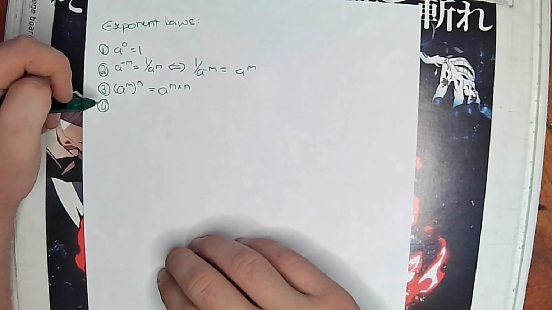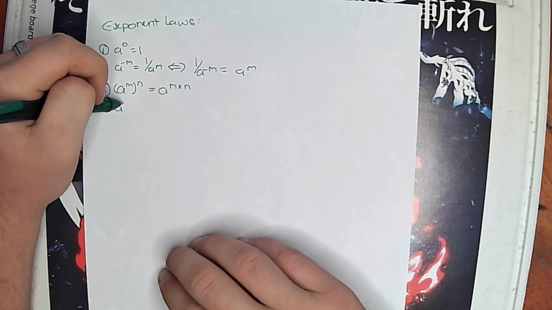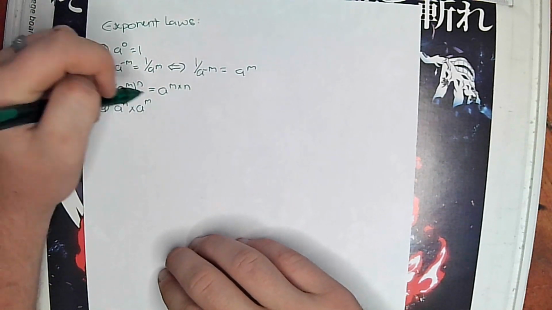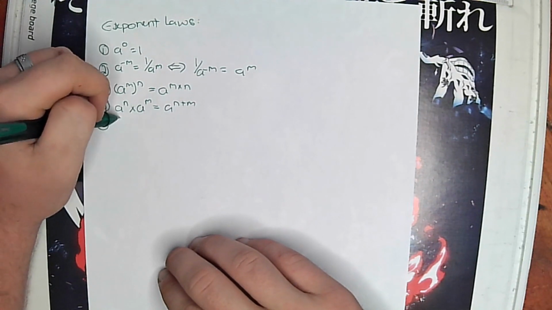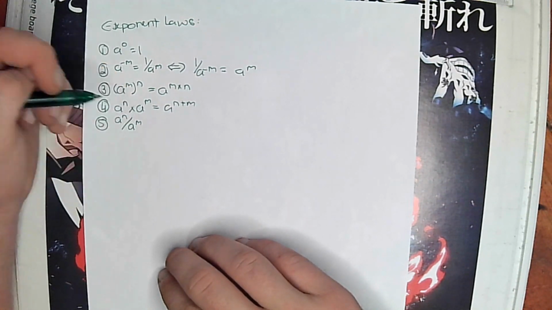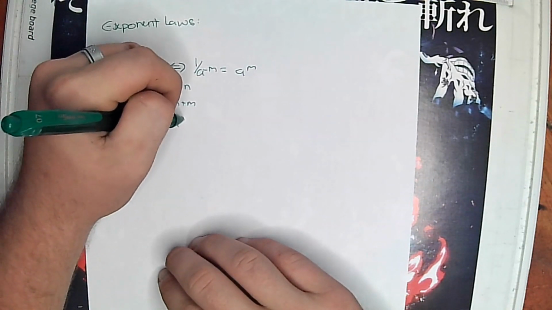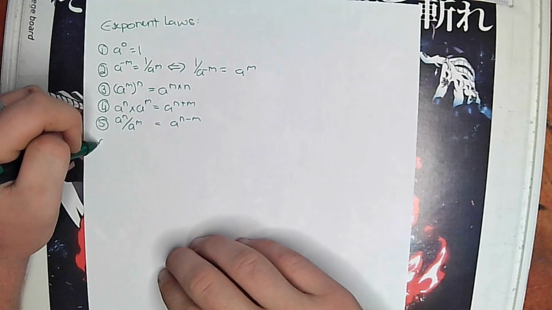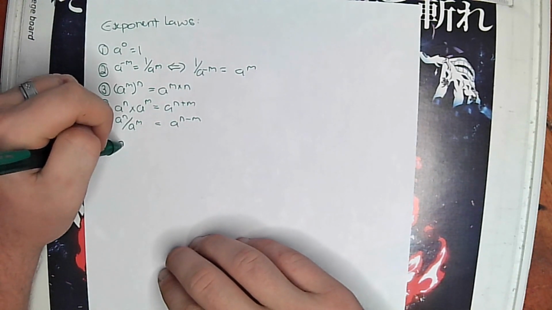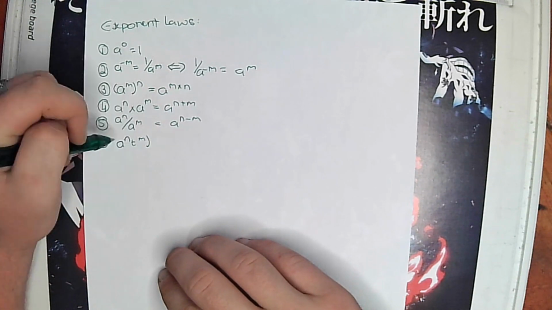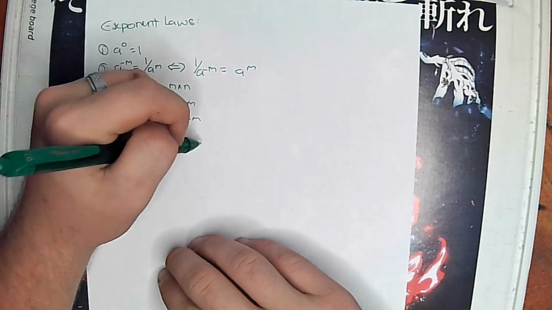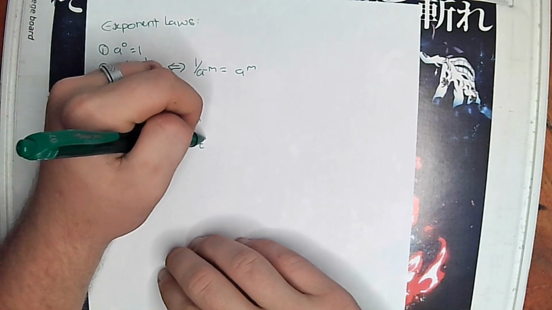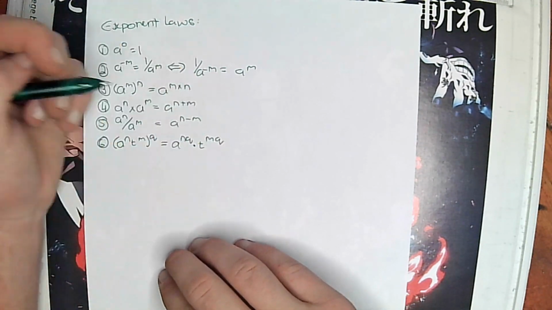Fourth, a^n multiplied by a^m is equal to a^(n+m). Fifth, a^n over a^m is equal to a^(n-m). Sixth, (a^n t^m)^q is equal to a^(nq) times t^(mq), right? So it comes through the commutative and distributive law.